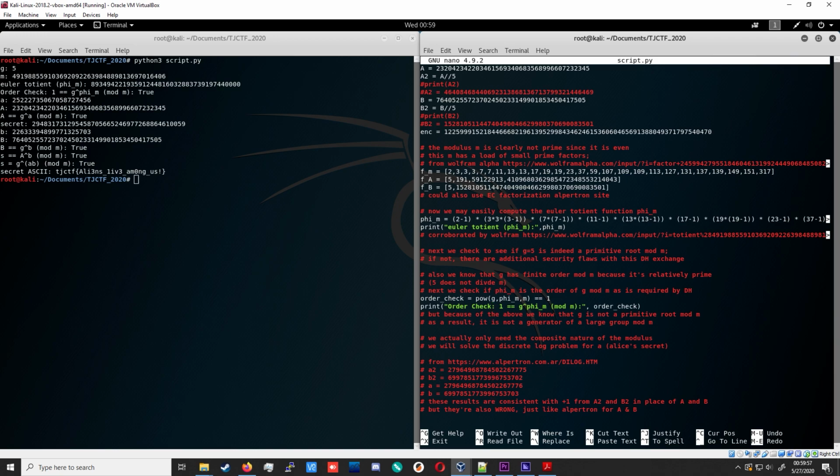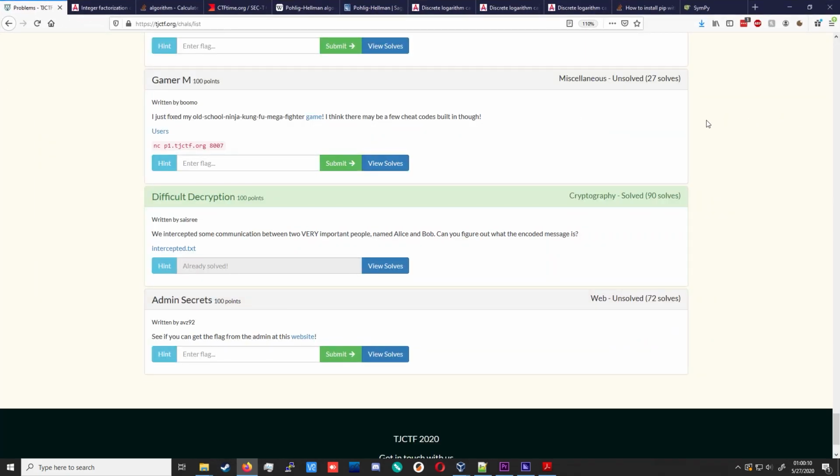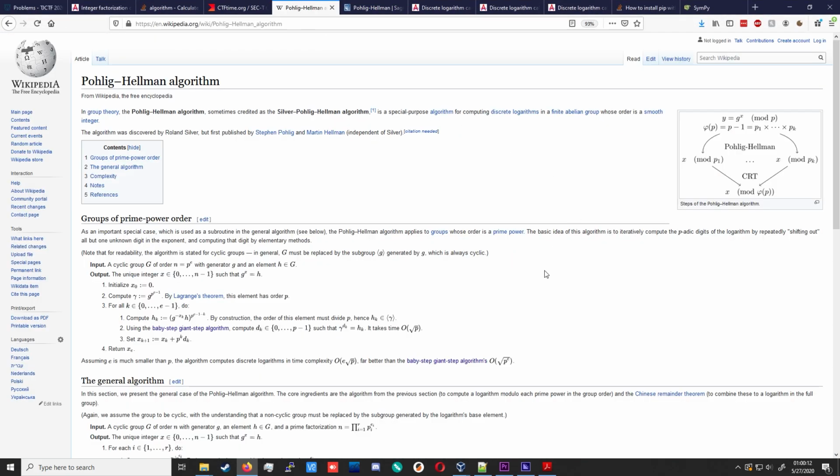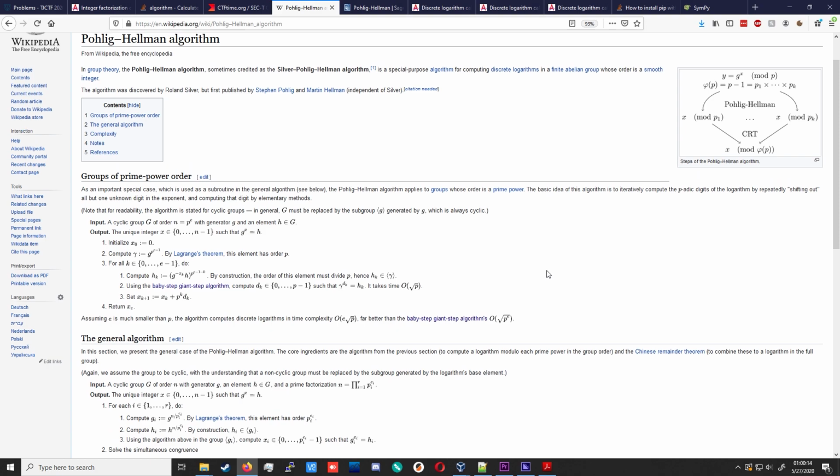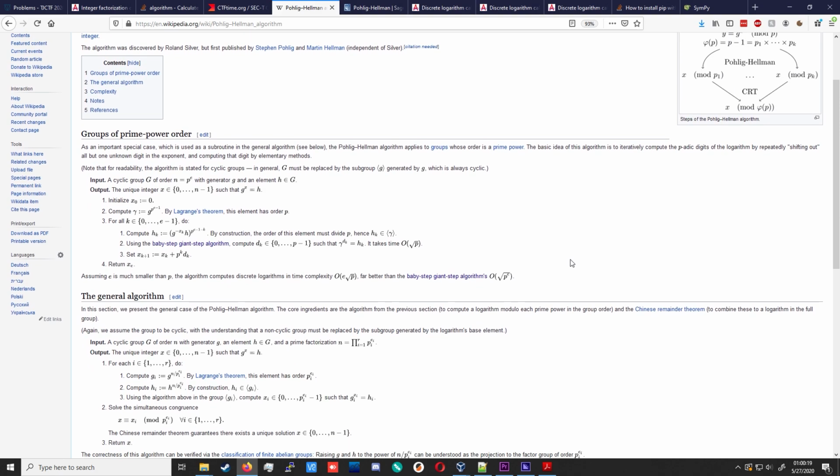So continuing on, the actual flaw is that the modulus is composite, and that's going to allow an algorithm called Pohlig-Hellman to work very, very well at solving the discrete log problem. Now, lots of people get Pohlig-Hellman incorrect in terms of what it is. Looking at the diagram or these high-level descriptions on Wikipedia should explain to you very clearly how it works in general.